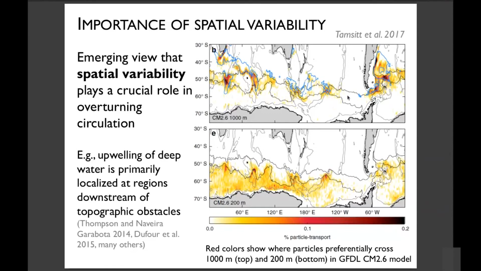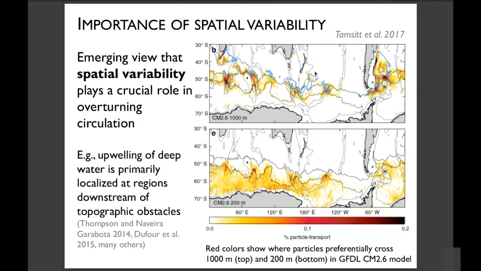You can see that it's not happening widespread everywhere in the Southern Ocean, but this vertical transport, this upwelling of deep water, is really happening in specific areas. These are all associated with topographic features, regions where the Antarctic circumpolar current interacts with the bottom features in the Southern Ocean.